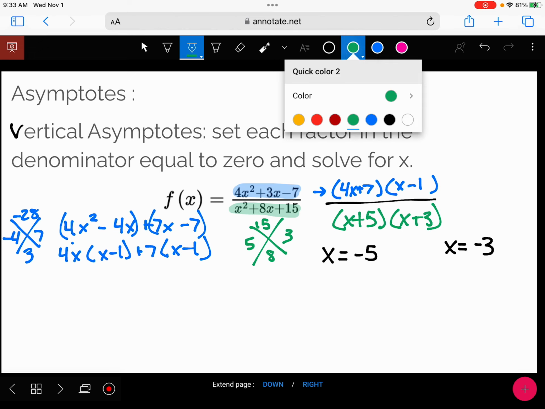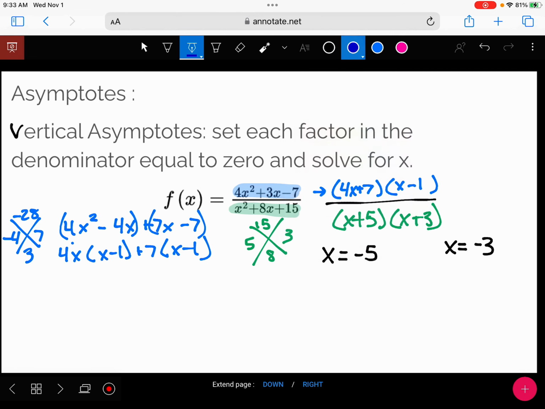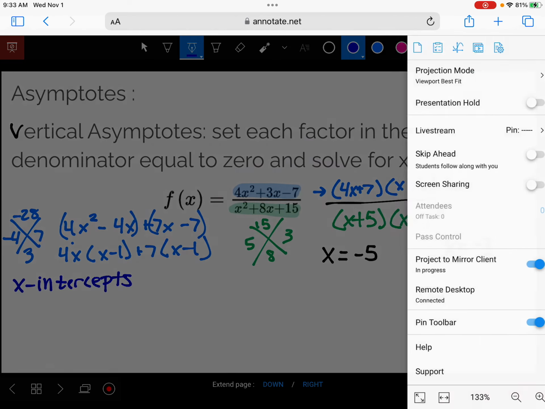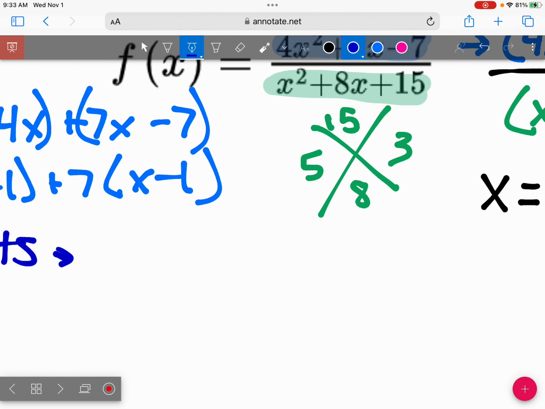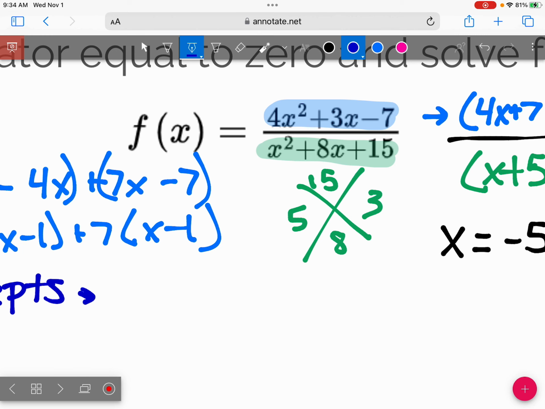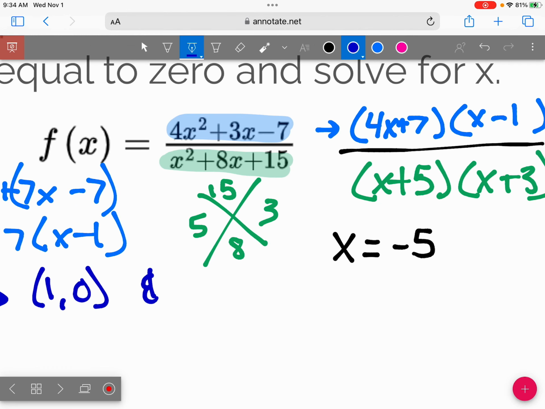So where are the zeros of the numerator? 1, 0, and negative 7/4, 0.